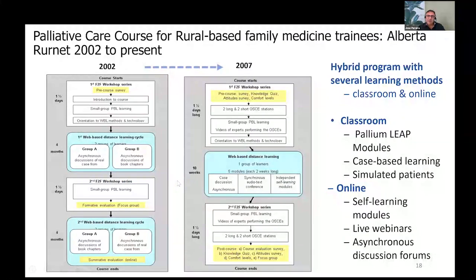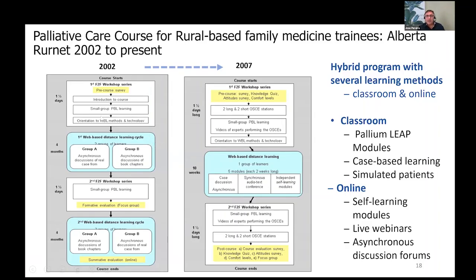From 2002 to about 2007, we developed a course for rural residents, and it was a hybrid program. That course has continued. Still today they are doing this hybrid program, although more of it is face-to-face. We had different models as we developed them over the years.